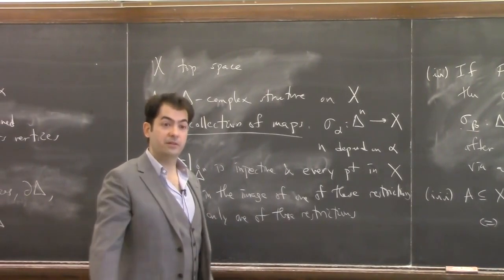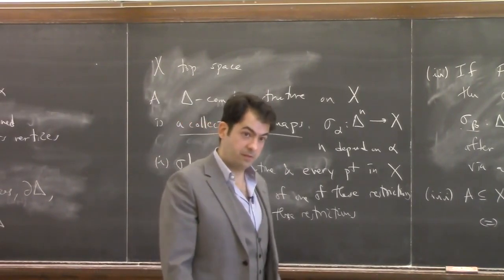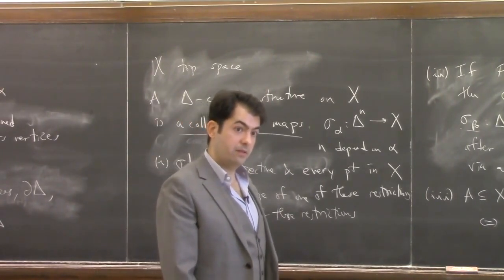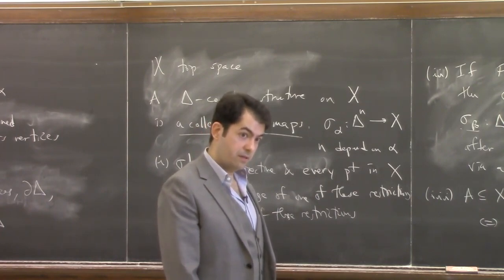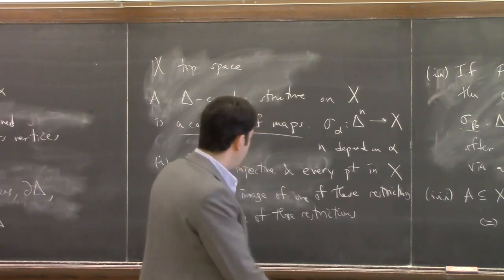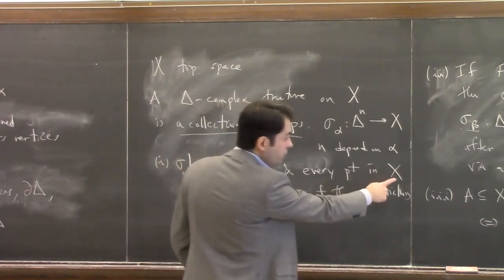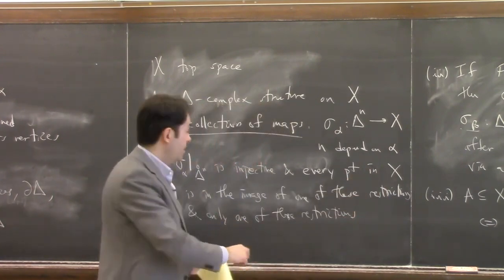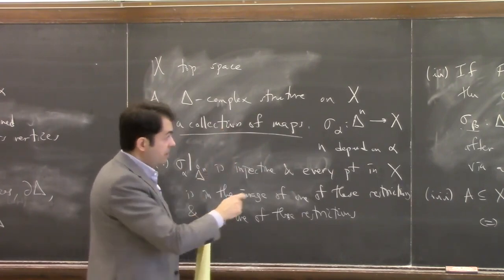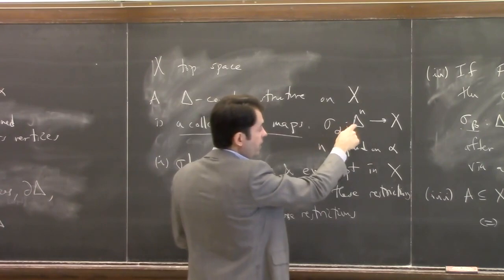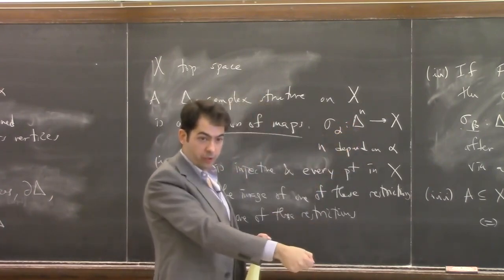Yes? In the first condition, what exactly does it mean, for one of the alphas? What this means is that you give me a point in X, and I can find one of these maps so that, without looking at the boundary, just looking at what it does to the interior, I cover that point.